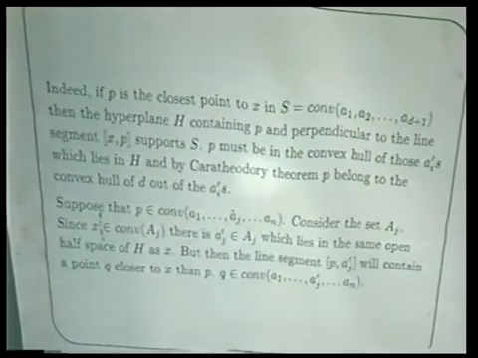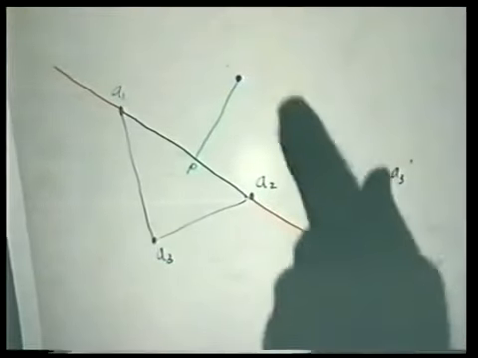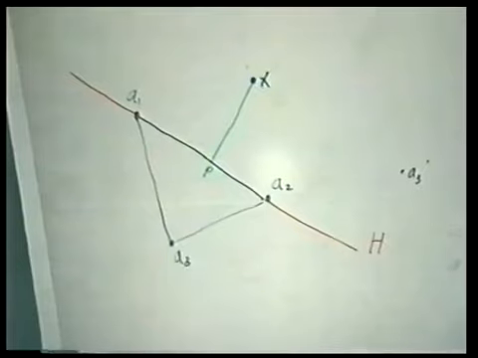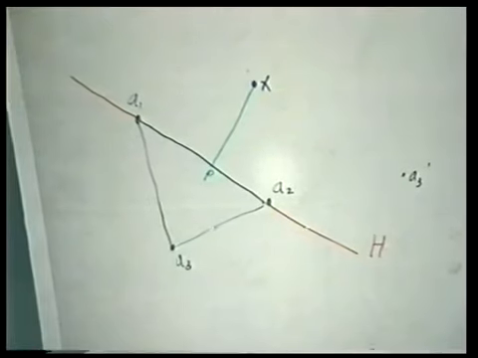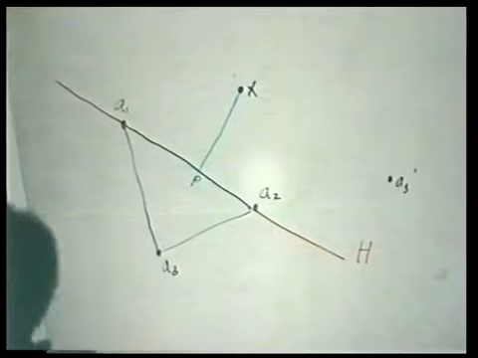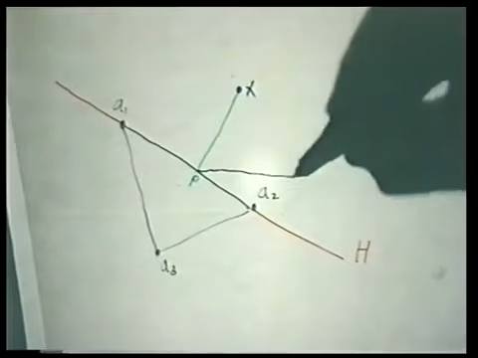This means it's impossible, look at this picture for me, in this case J is 3, it's impossible that X belongs to the convex hull of all the points in big A3 and all these points lie in this part of the hyperplane. Therefore, we have some point A3 bar, or A_J bar in general, which lies in this open half of this hyperplane, and now we can make a shortcut.